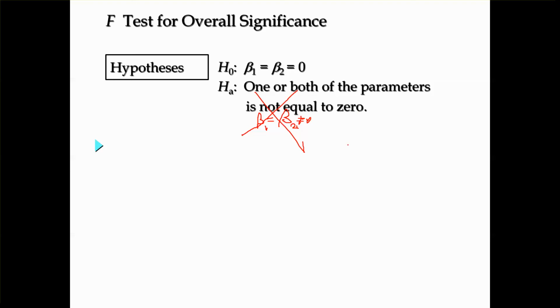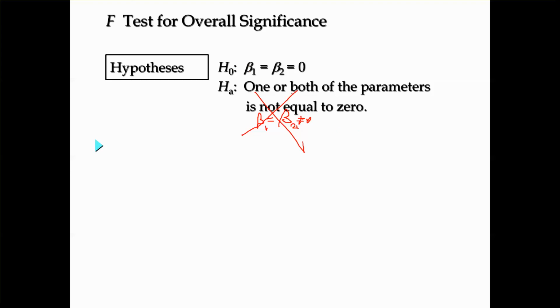The H alternative should be one or both of the parameters is not equal to 0, because what you're listing here is just one of the possible cases not belonging to the H null.